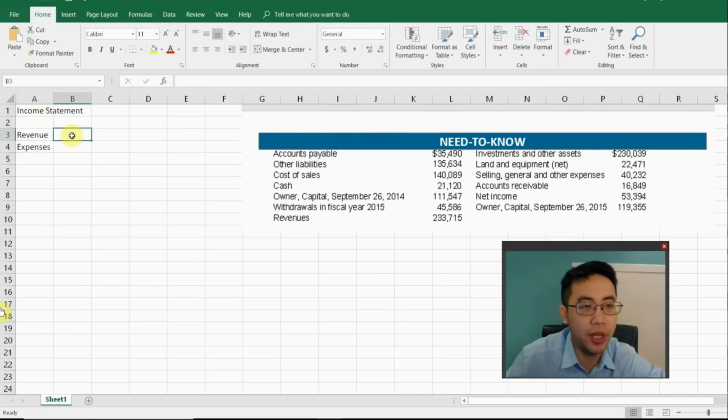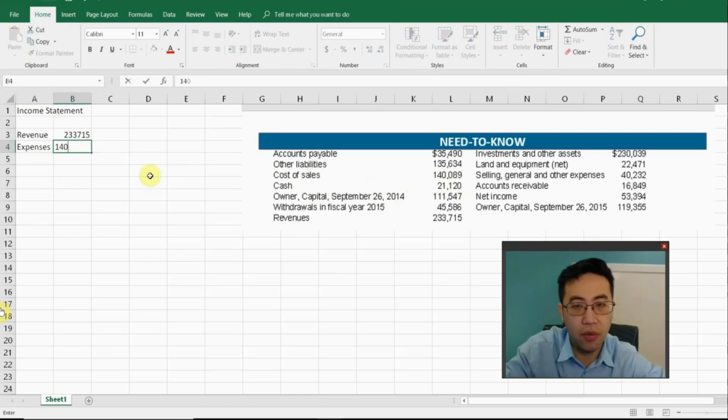The revenue mentioned here is 233,715, and the expenses actually include two parts. The first is a variable cost, or cost of sales, and this item increases as the unit production increases. So that's 140,089.